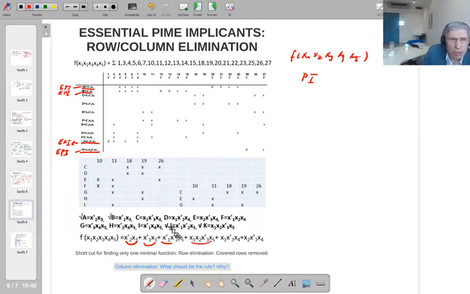So the question is, these essential prime implicants cover these marked true min terms here. What is not covered here is 10. Let me show it in a different color. 10 is not covered, 11 is not covered, 18, 19 are not covered, and 26 is not covered. So these are the uncovered true min terms.